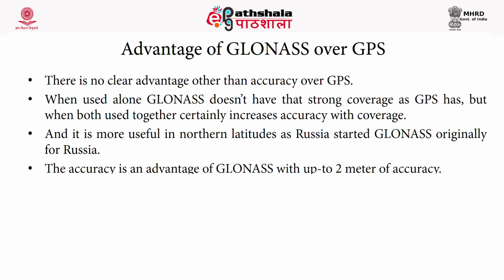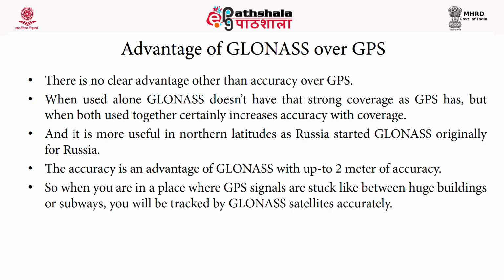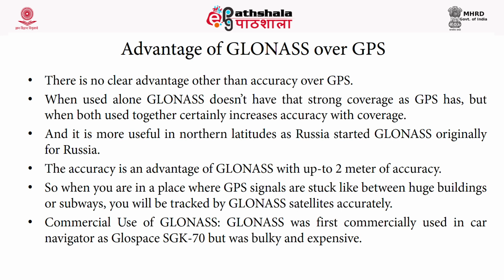The accuracy of GLONASS can be achieved up to 2 meters as well. So, if we are stuck in a place where GPS signals cannot be received, such as between huge buildings or subways, we can be tracked by GLONASS satellites accurately.